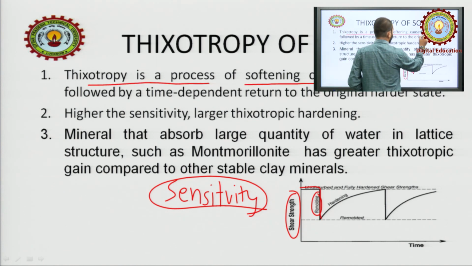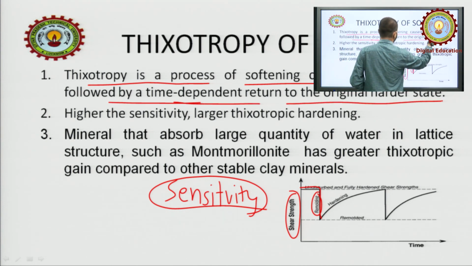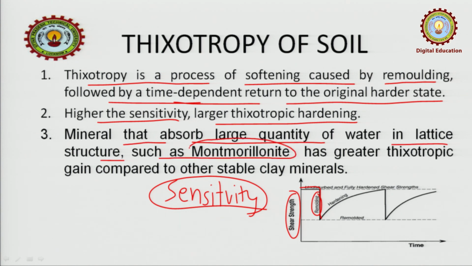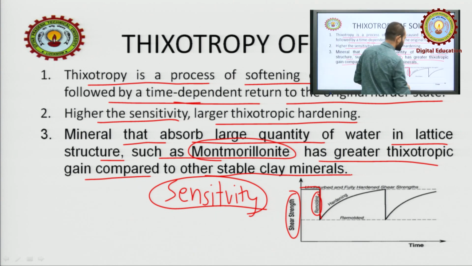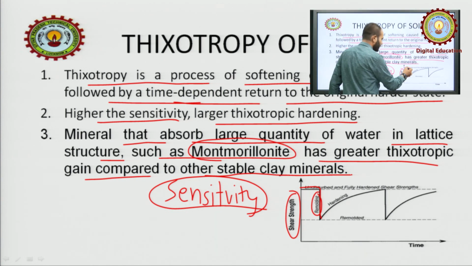Thixotropy is the process of softening caused by remolding, followed by a time dependent return to the original harder state. Higher the sensitivity, larger will be the thixotropic hardening. Minerals that absorb large quantities of water in lattice structures, such as montmorillonite, have greater thixotropic gain compared to other stable clay minerals.